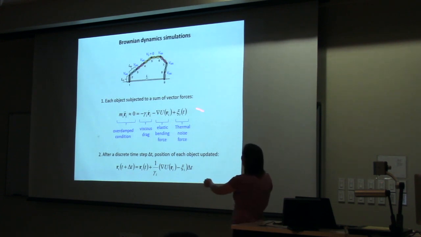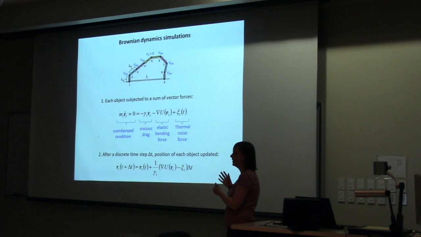So I said that this is an effective equation of motion, but how do we use it to actually simulate the movement of the molecule? What we want to do is solve this equation for the position of the object. And this is something that we can't solve analytically, so we use a computer to do it. And this is a discretized solution to this equation.